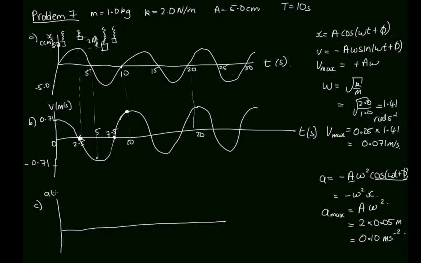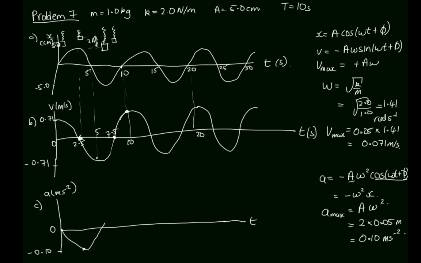So if we put a in meters per second here, and t here, when the displacement has a maximum positive value, because of this negative here, the acceleration is going to have a maximum negative value. So we'll start with no acceleration, and then we'll go down to minus 0.10 meters per second.